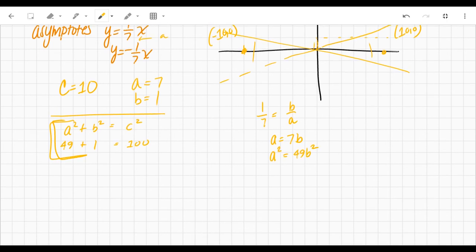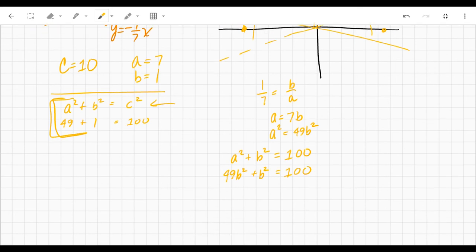So going back to what we had over here, A squared plus B squared needs to equal 100, which means 49B squared plus B squared has to equal 100. Just replacing that A squared with 49B squared. So 50B squared has to equal 100. So B squared is 2.